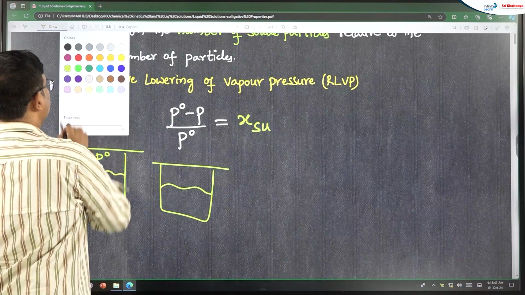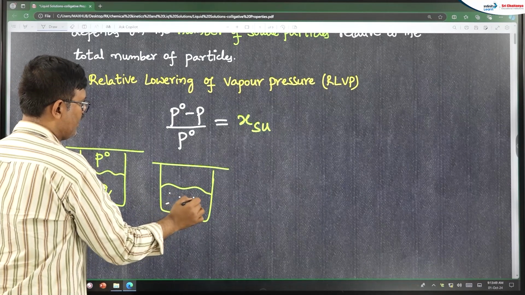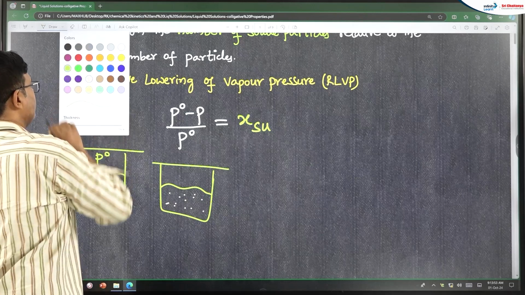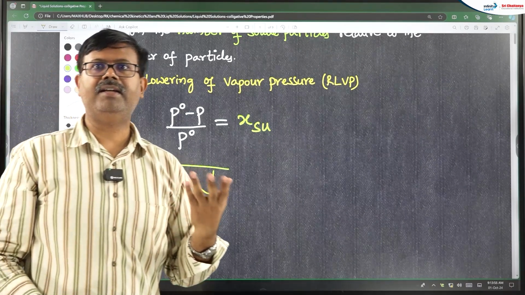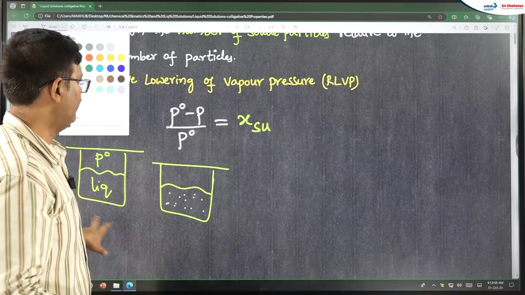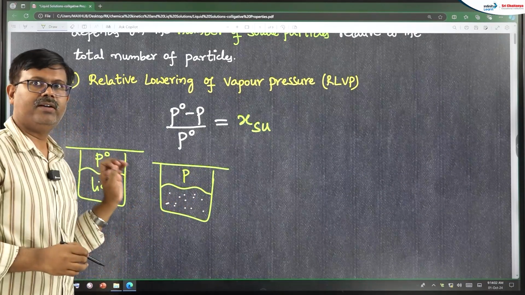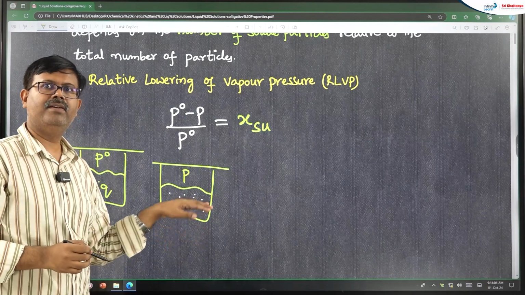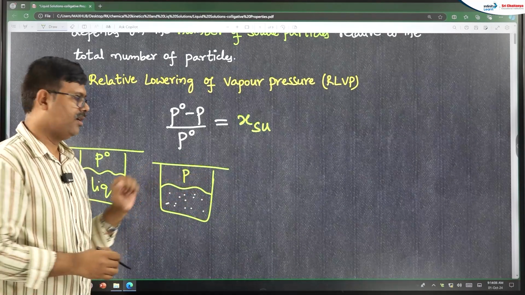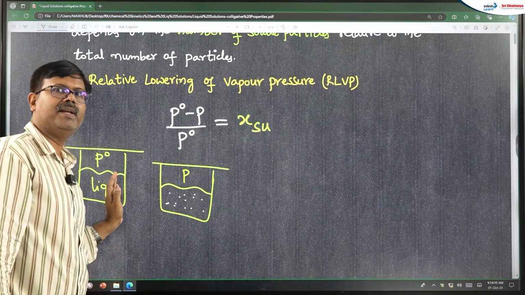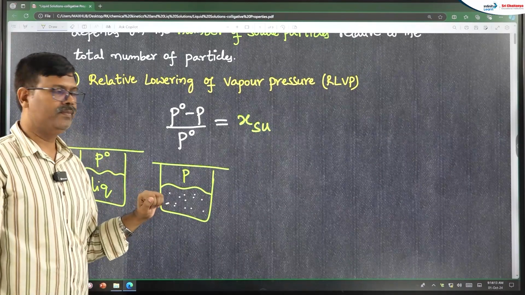Let's say these are the solute particles present in the liquid solvent. Here the pressure will not be P0 now, because the solute present will affect the vapor pressure, so let's say here the pressure is P and the pure liquid vapor pressure is P0.